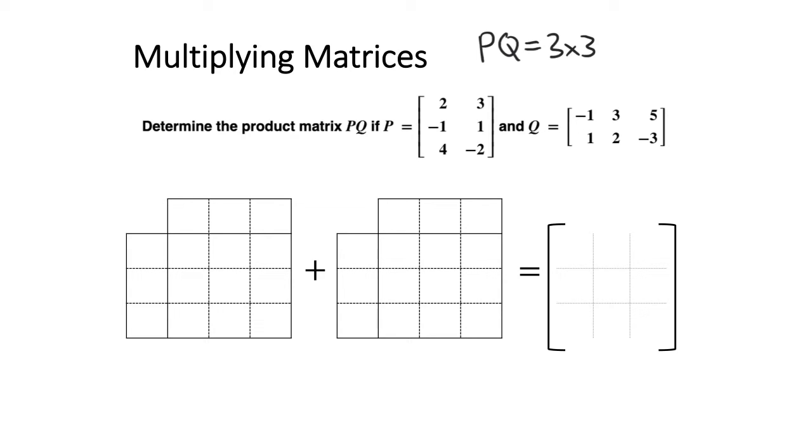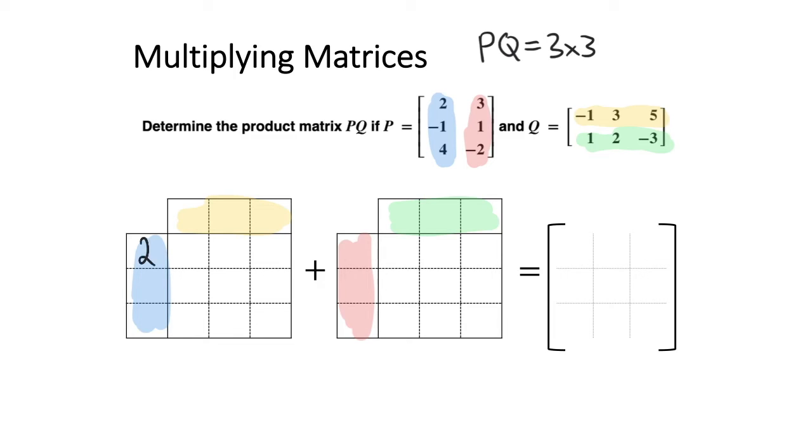So what I'm going to do is take the first column from matrix P, and multiply it by the first row from matrix Q. Then I'm going to take the second column from matrix P and multiply it by the second row of matrix Q.